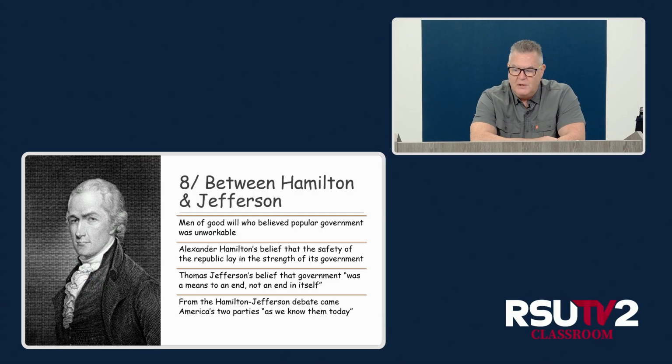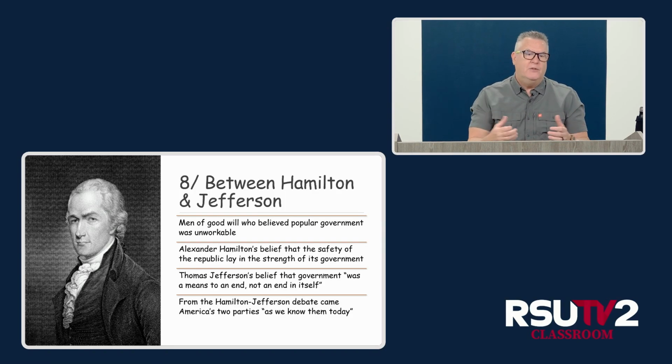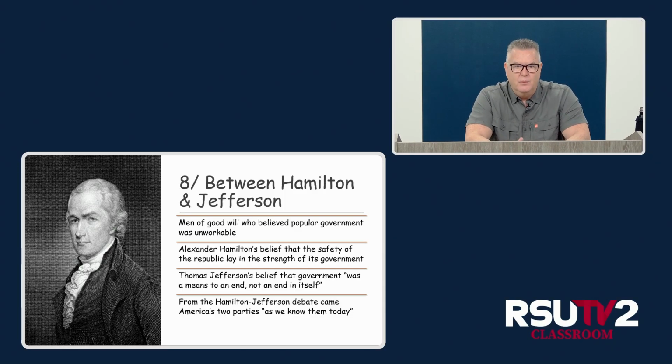Thomas Jefferson, on the other hand, believed that government was a means to an end and not an end unto itself. And so from these original debates over the ends of government and the role that government should play in people's lives, you get, according to FDR, the two-party system as we know it today, with Republicans expressing a kind of Hamiltonian belief, and Democrats expressing a more small d democratic belief.